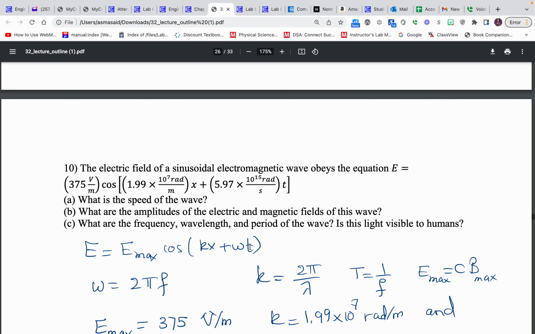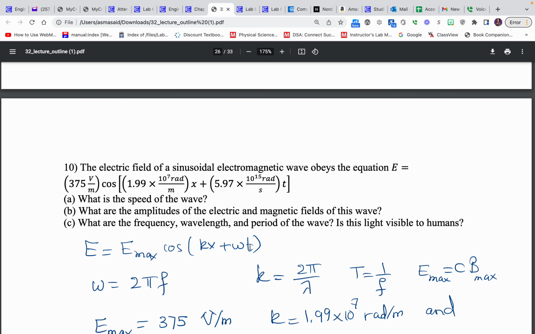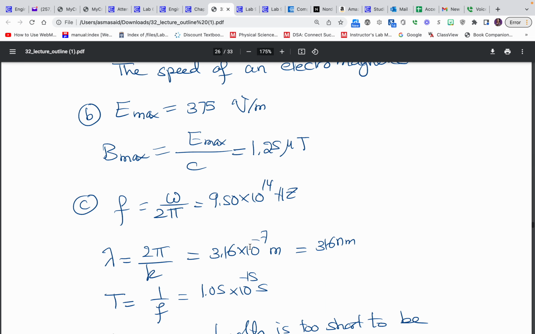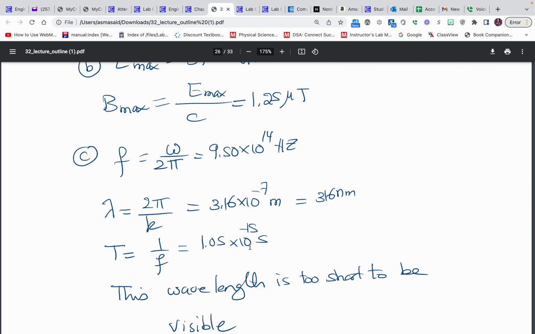For part C, what are the frequency, wavelength, and the period of the wave? The frequency is omega divided by 2 pi, and it is 9.50 times 10 to the 14 hertz.